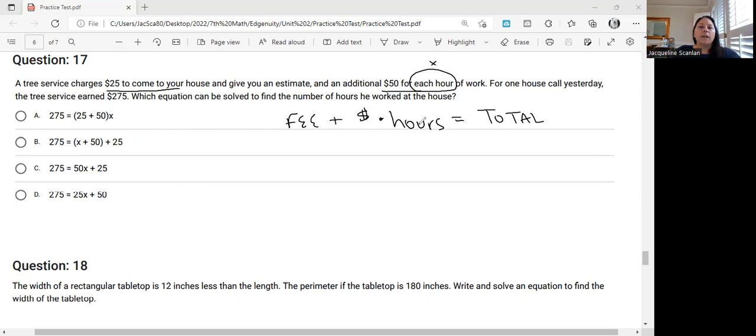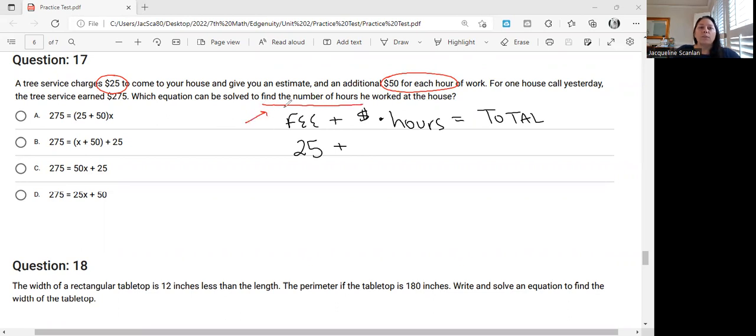Okay, so let's go back now to the problem and pull out the information that matches this setup that we have. So our fee is $25 just to come to the house. So the fee is 25, and plus we also have to pay $50 per hour. Now, we don't know how many hours, find the number of hours. That's our unknown.